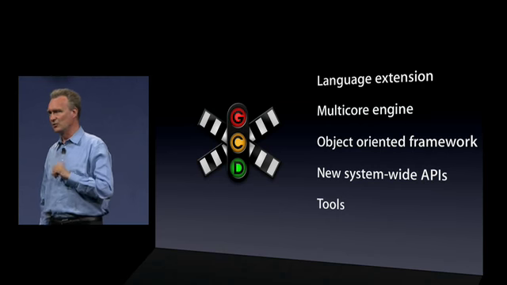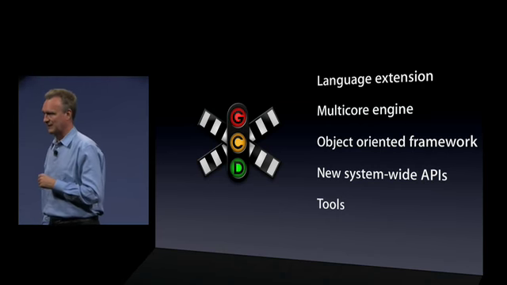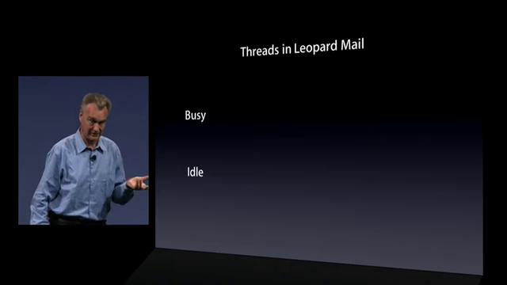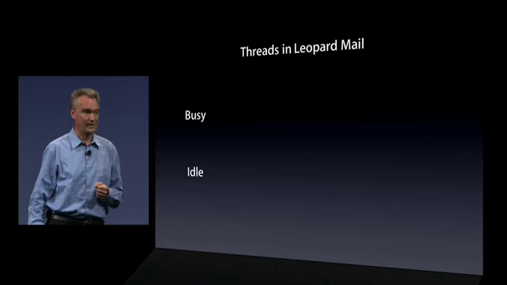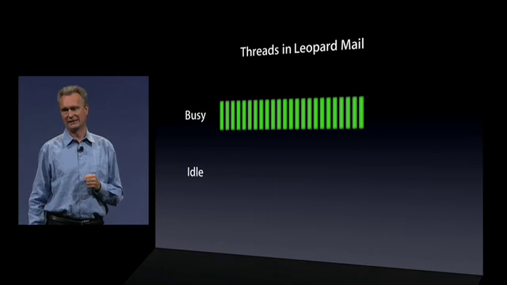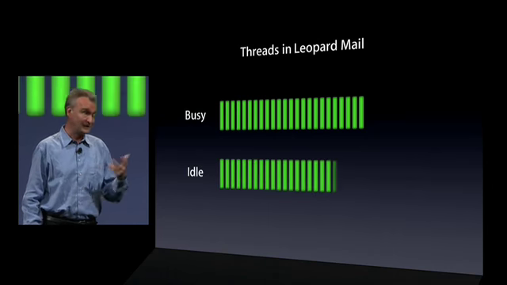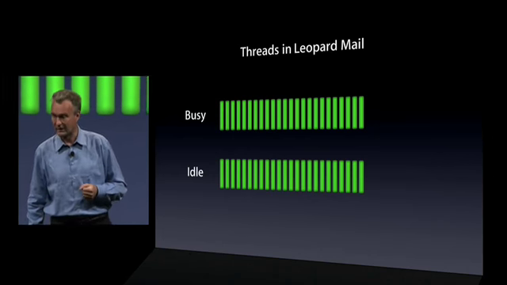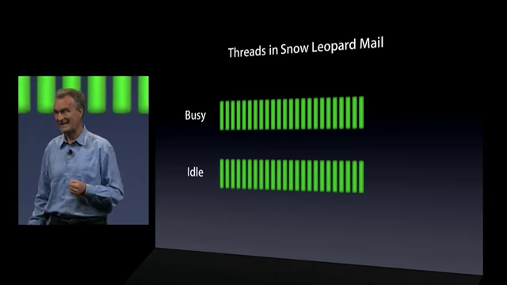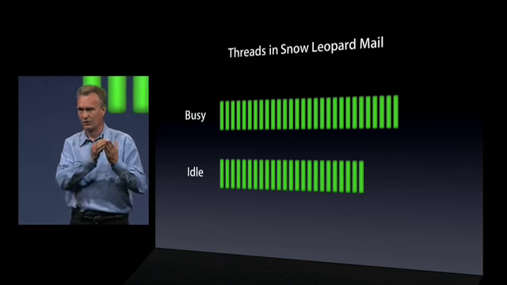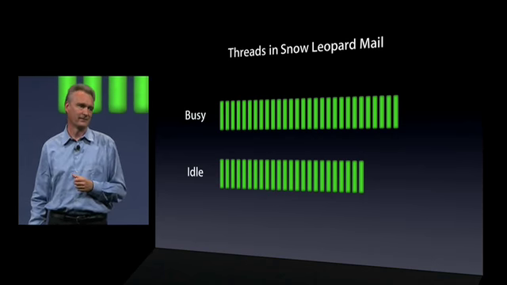So just to give you a taste of what it feels to use GCD, let's look at threads in Leopard for, say, the mail application. When mail is busy, it has a certain number of threads. And when it's idle, it actually keeps pretty much all those threads. In Snow Leopard, when mail is busy, it actually uses more threads to take advantage of the multi-cores.